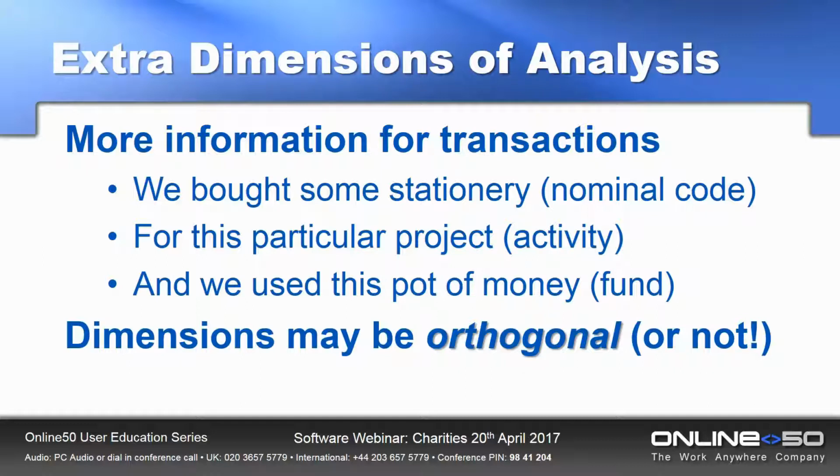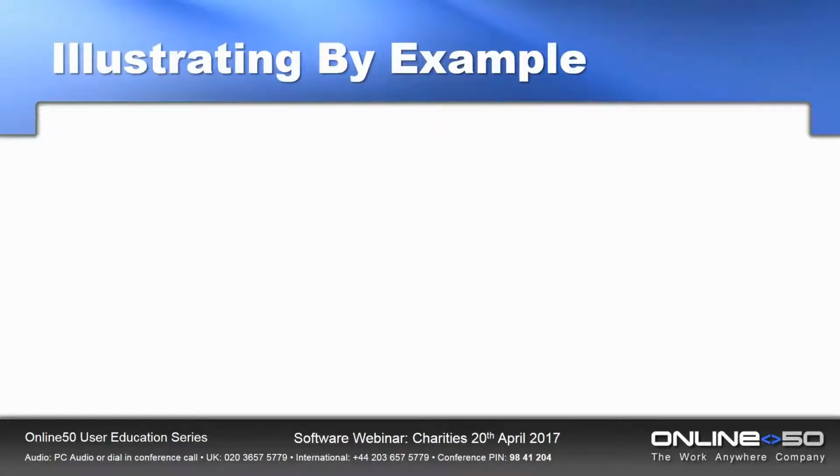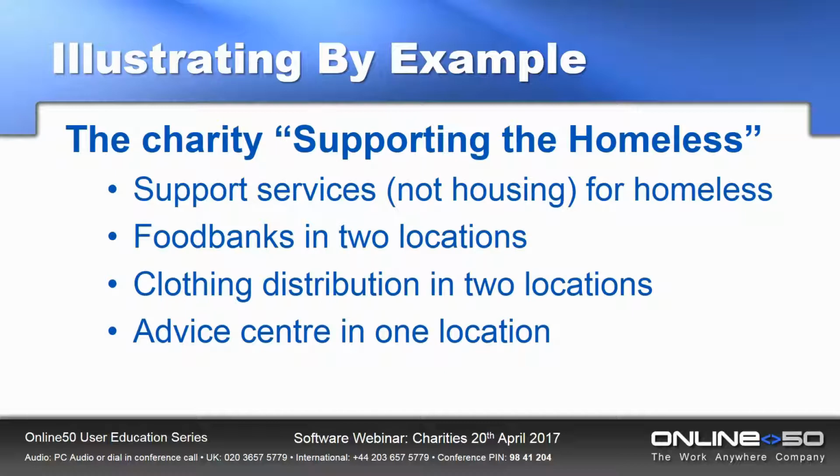So we're going to explain how these different dimensions fit together by an example, and we've got a charity that we've made up. My apologies if there is a real charity that this sounds like. It is made up. We've called it Supporting the Homeless.